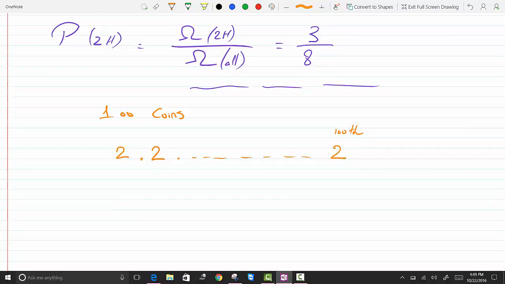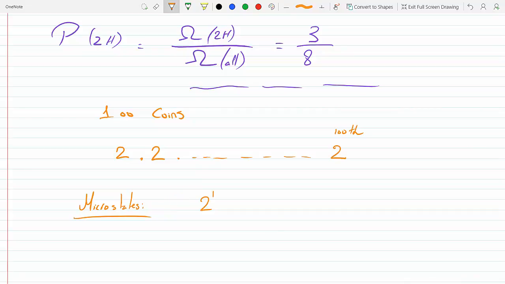So in brief, the total number of microstates for 100 coins will be 2 to the 100. Now, what about the number of macrostates?